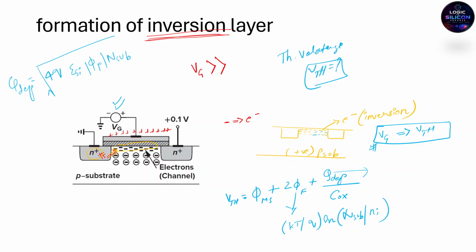From here, we can say that in practice, the native threshold voltage value obtained from the above equation may not be suited to circuit design. For example, let's say VTH is 0 and the device does not turn off for VG greater than 0.